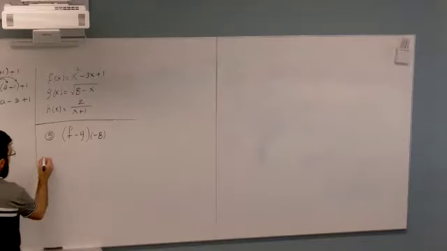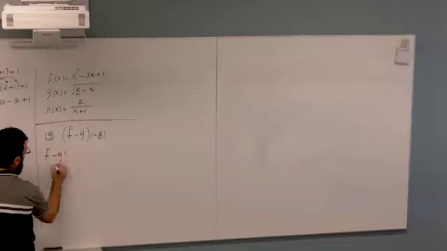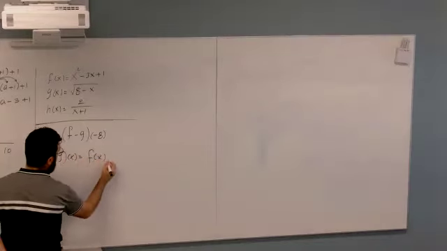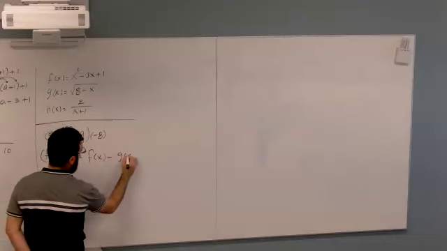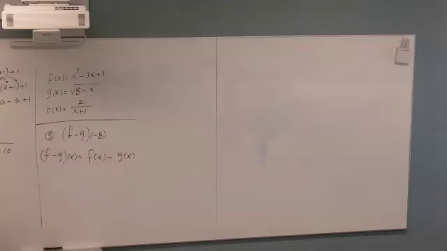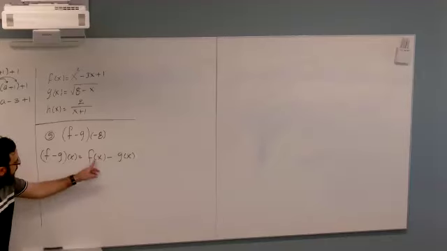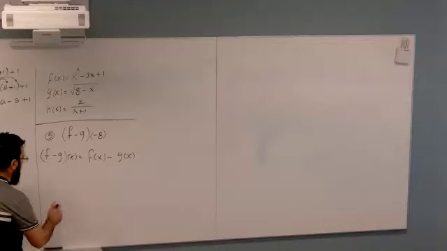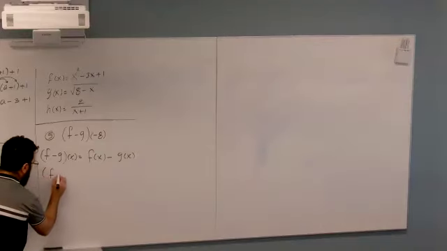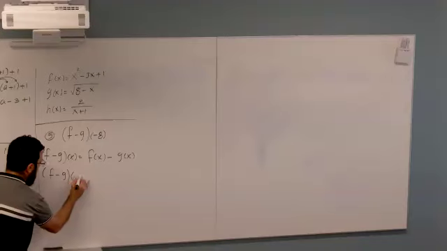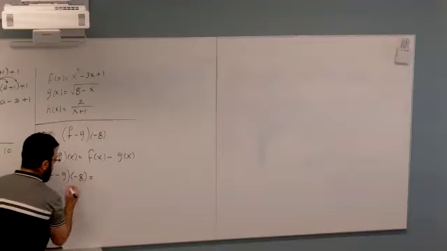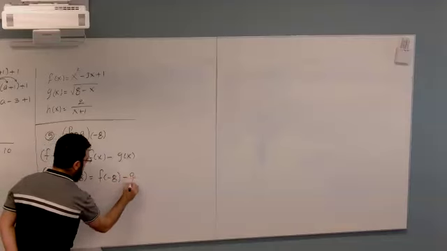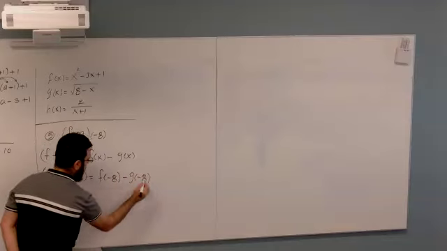In general, f minus g of x is f of x minus g of x. So check what's the difference. Instead of x, we have negative 8. So they asked me to find f minus g of negative 8, which is equal to f of negative 8 minus g of negative 8.